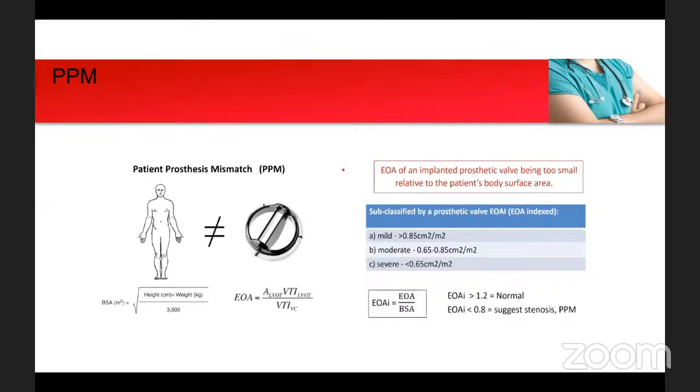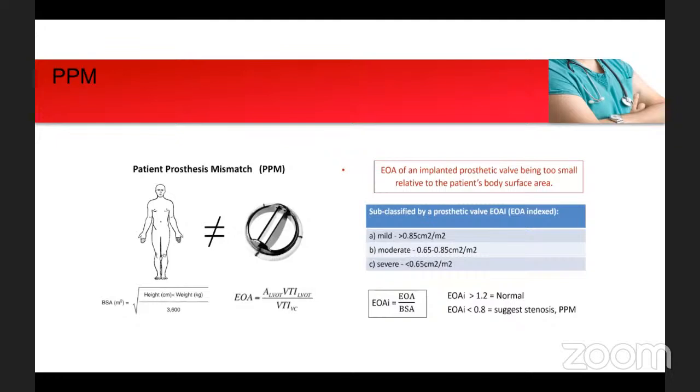Moving lastly to patient prosthesis mismatch, which refers to a prosthetic valve that's functioning normally but has an effective orifice area that is too small in relation to the patient's body surface area, and therefore the cardiac output requirement.